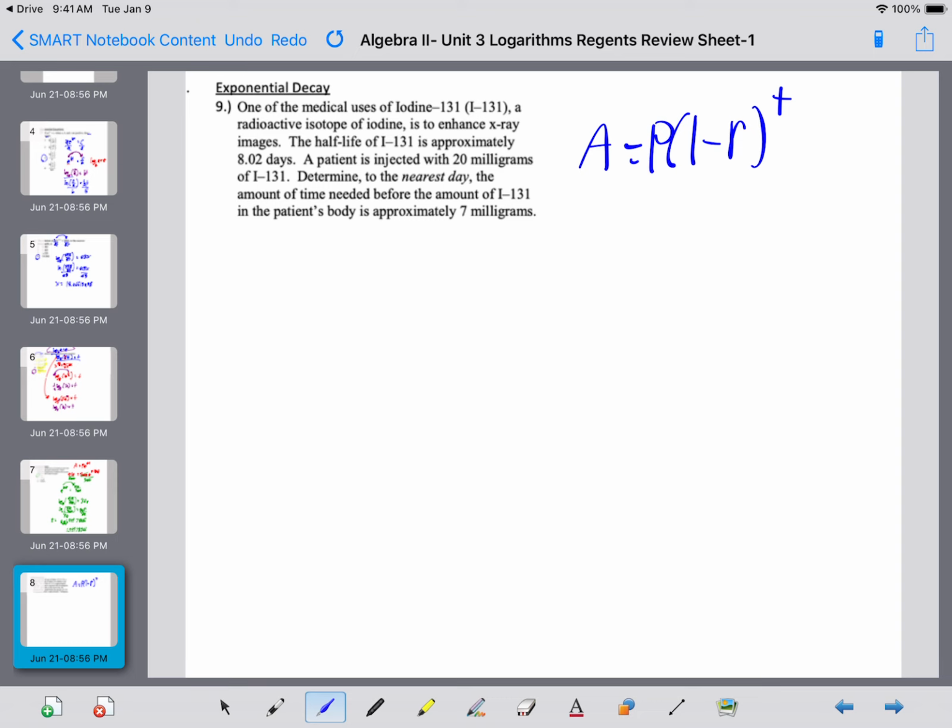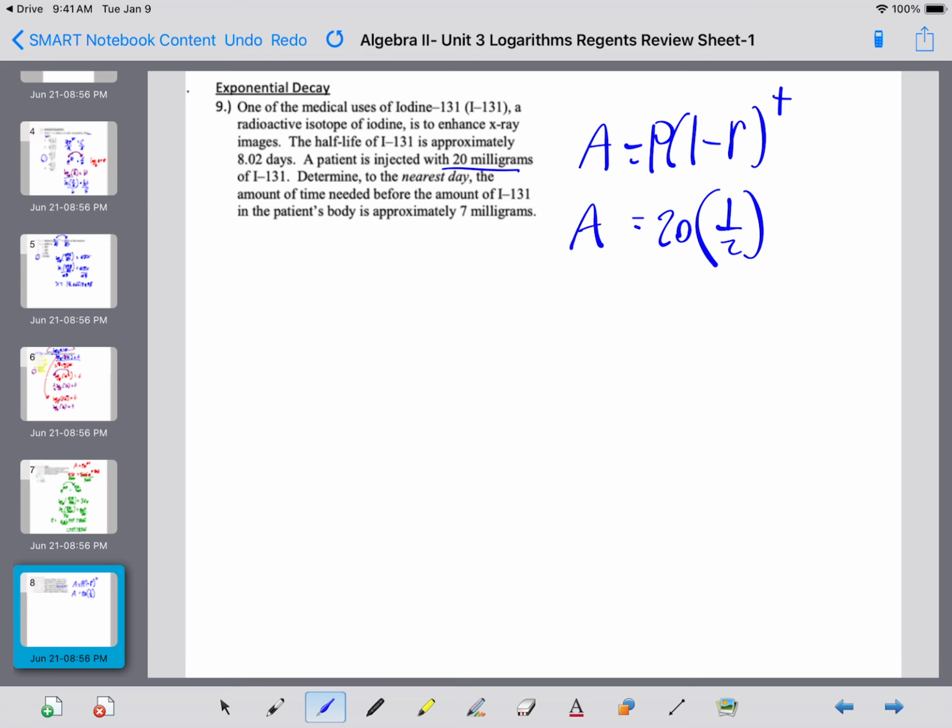So the rate of decay would be 1/2. Your base would just be 1/2. So this is going to be 1/2. Your principal value, which is in the patient, is 20 milligrams. Okay? And we're talking about the amount in the patient.